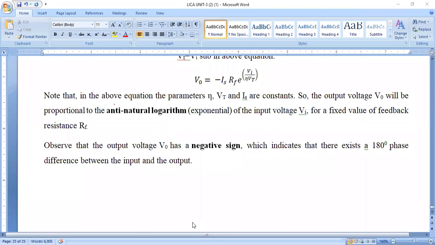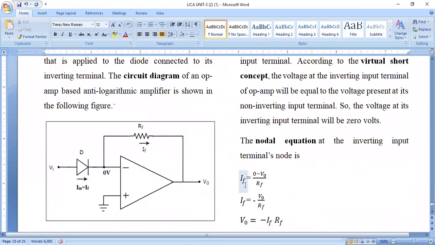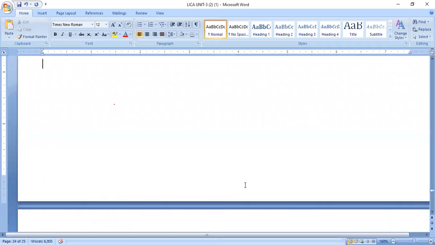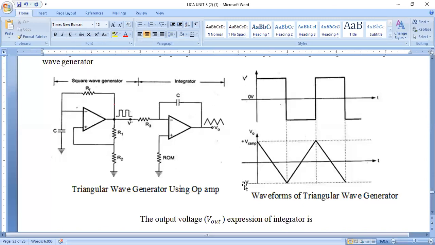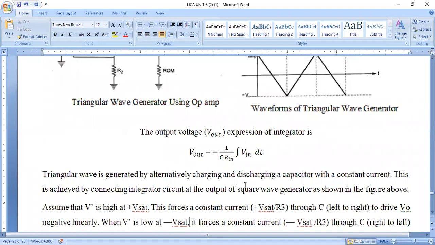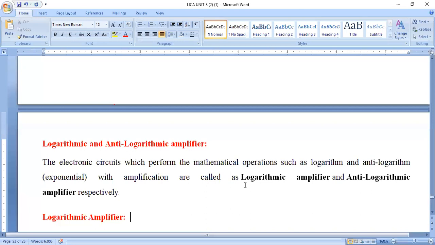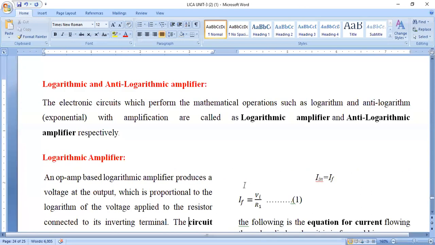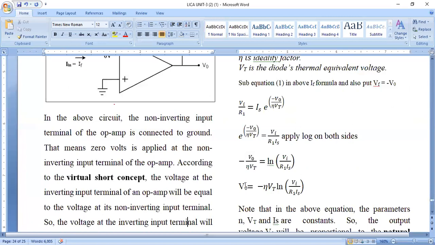In today's class we discussed the behavior of a triangular wave generator, and the application of the operational amplifier as a triangular wave generator. We also analyzed the operational amplifier as a logarithmic amplifier, its circuit configuration and the behavior of the output voltage.